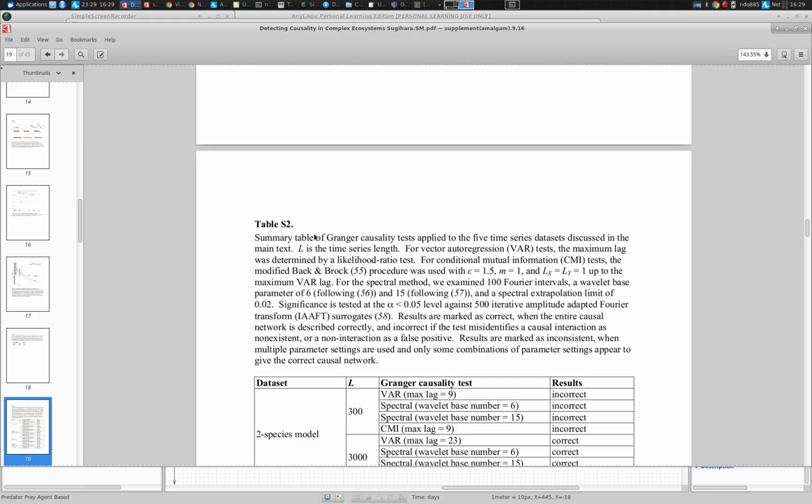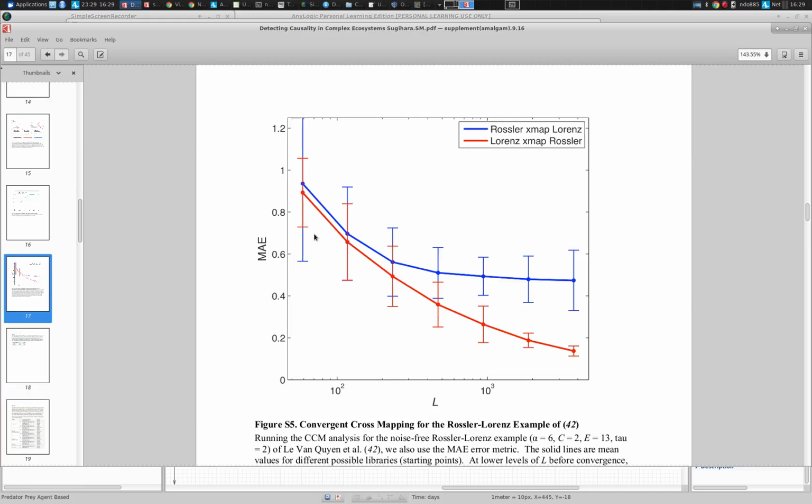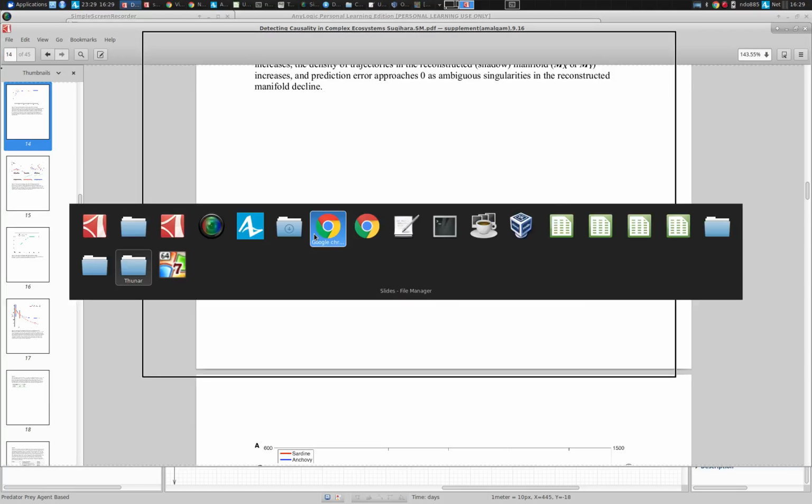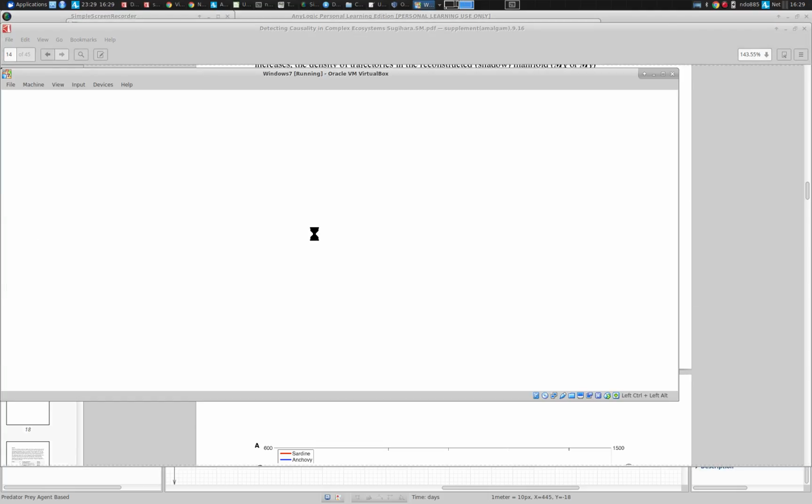The technique allows you to assess the existence and strength of the causal influence of one time series on another, and this causal influence is shown using state space reconstruction.